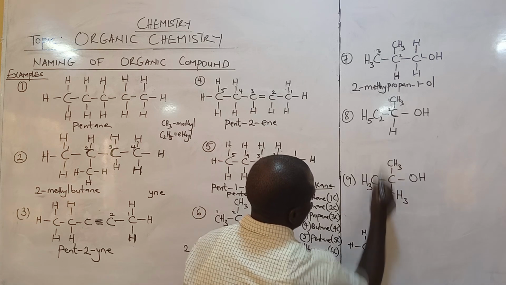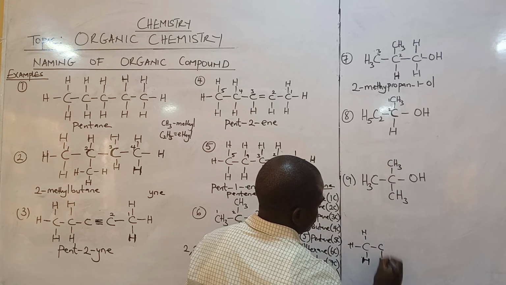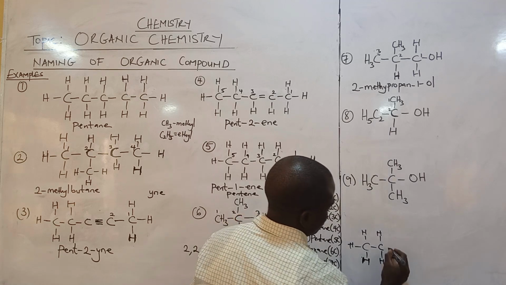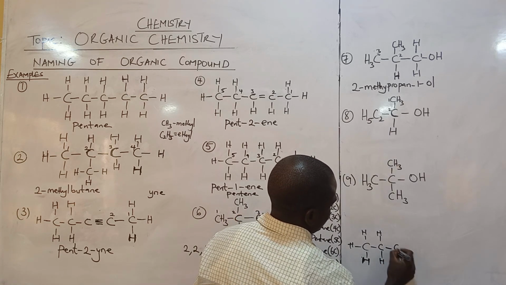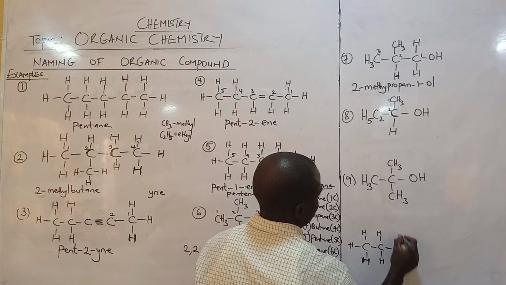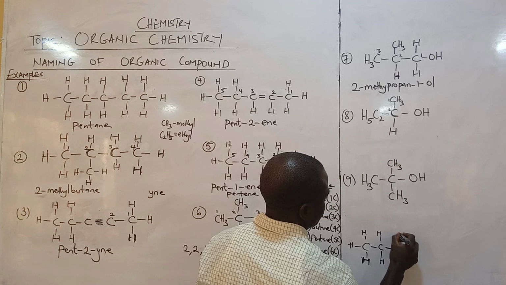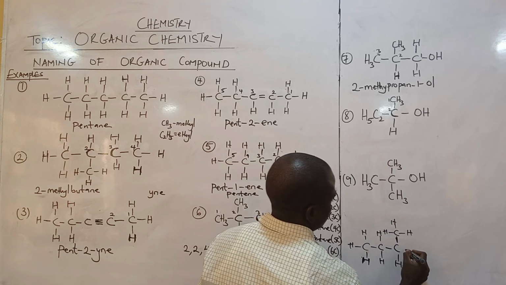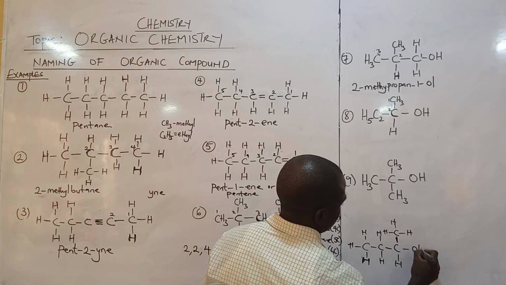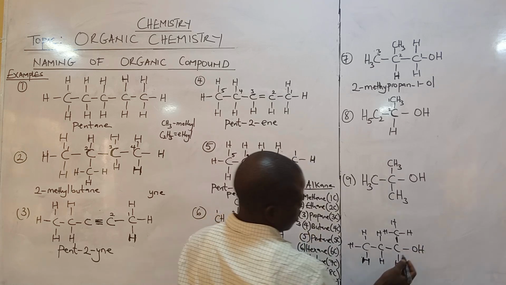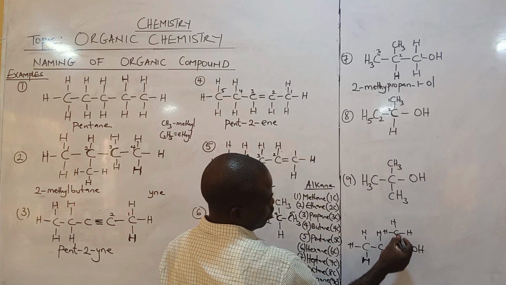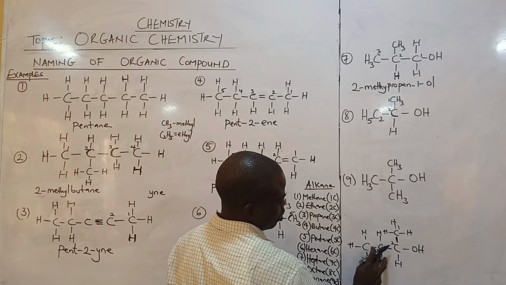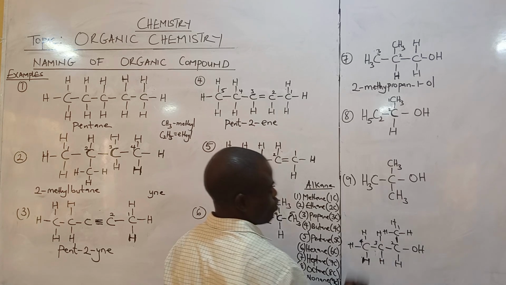The next one we have 1 carbon and 2 hydrogen, so that will give us C2H5. Okay, we have C, we have H, we have a methyl group attached, we have hydroxide. If you go like this, you have 1, 2, 3, 1, 2, 3, 4.